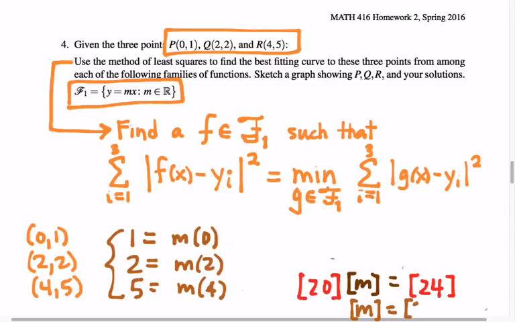Yeah, 24 over 20, or 6 over 5. So that line, which passes through the origin, which best fits these three data points, is the line y equals 6/5 x. So we just did the first part of question 4 together.